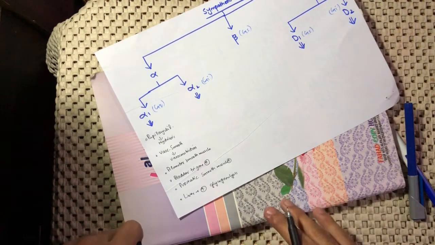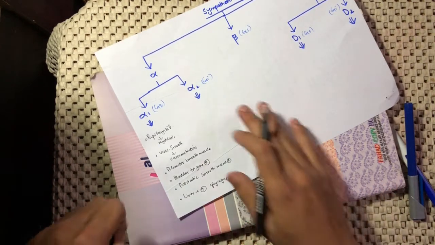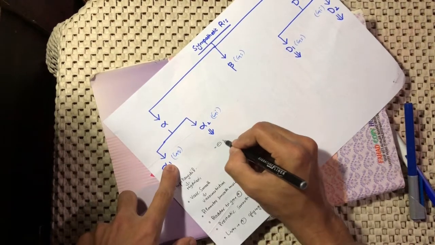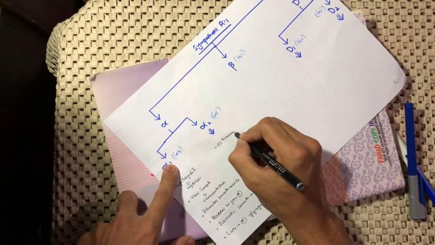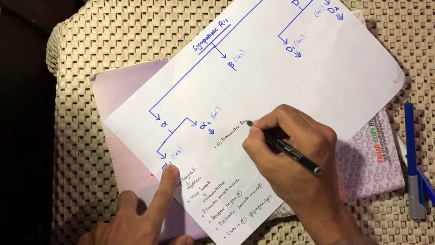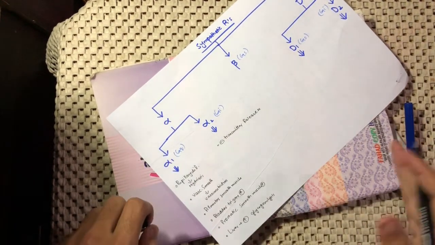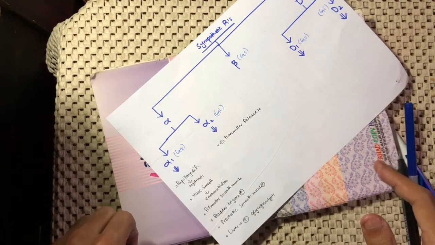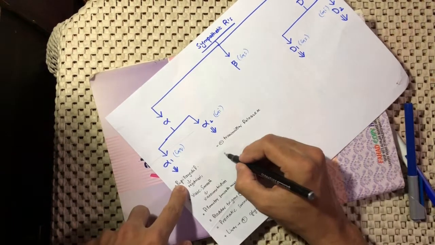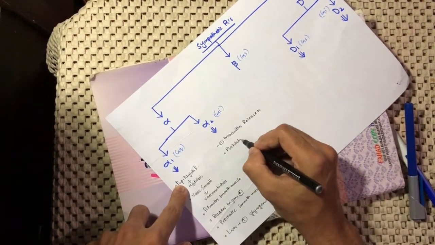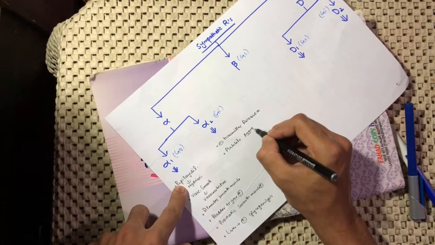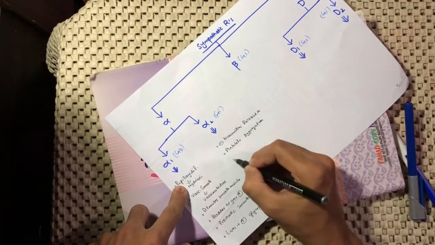Now, the alpha 2 receptor is Gi coupled and its functions. First of all, it inhibits the neurotransmitter release in both adrenergic as well as the cholinergic nerve terminals. The alpha 2 receptor acting drugs are also called sympatholytics as well. Next, it causes platelet aggregation.